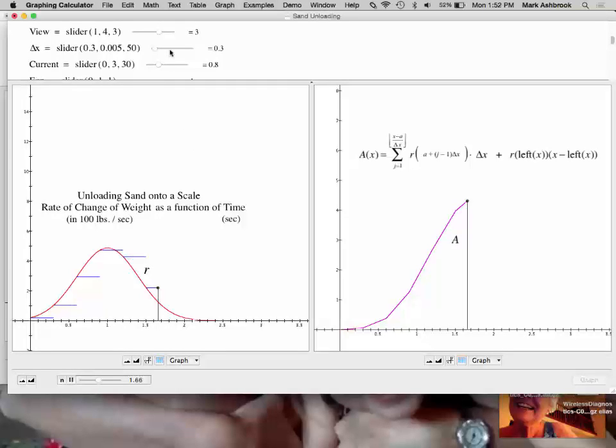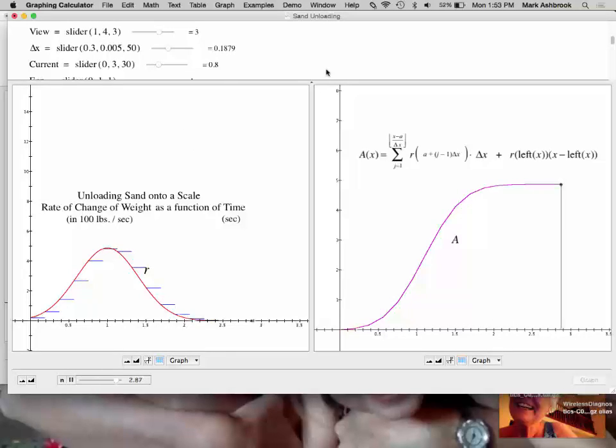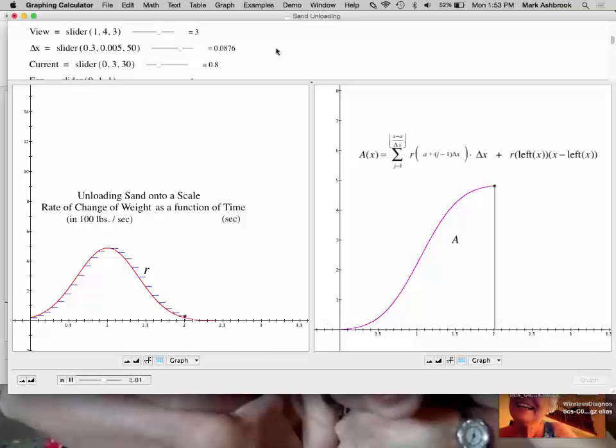So this is 0.3. I can just click here and say, here's delta x of 0.19. And then I can even make them smaller, 0.0876. And so what's happening to our approximate rate function? We got more little steps that are now doing a better job pretending to be the real rate function.